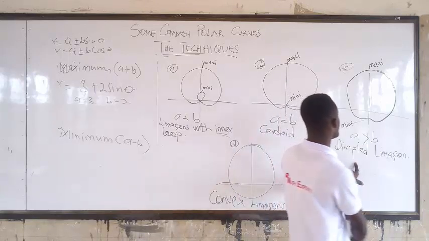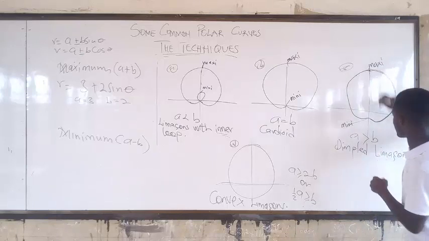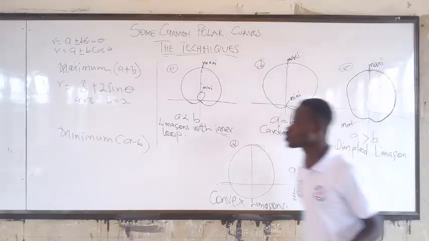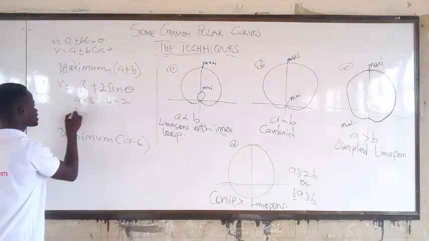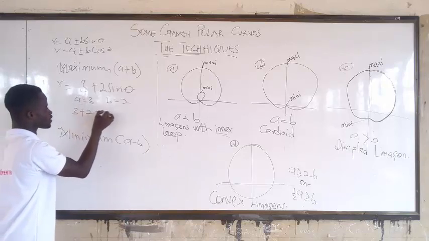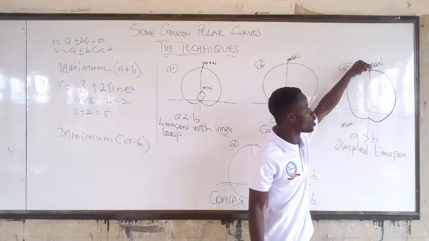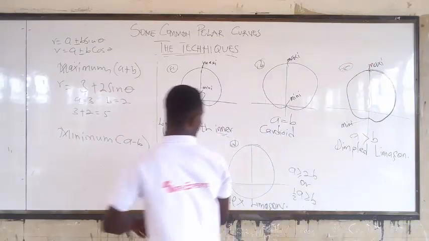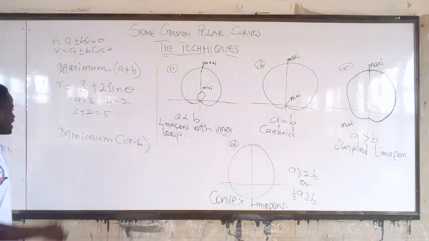But you have to know your maximum and your minimum. So how will you know the maximum? The maximum is 3 plus 2, which is 5. That means that on the graph, this is going to be 5. Beautiful.